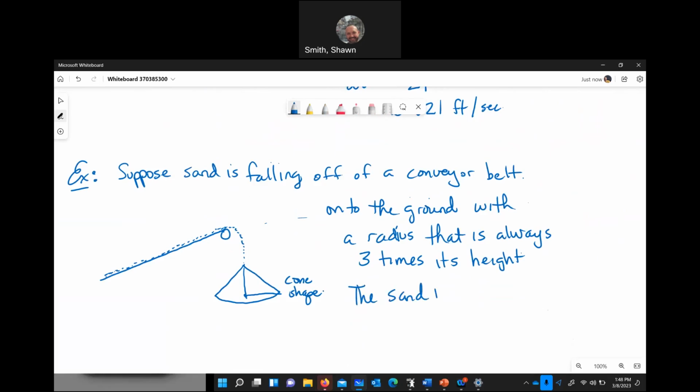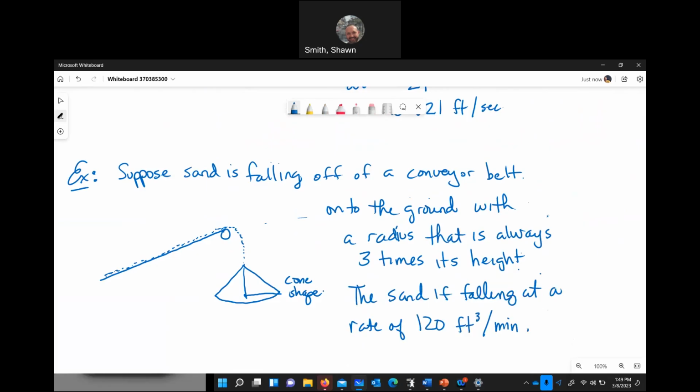The sand is falling at a rate of 120 feet cubed per minute.